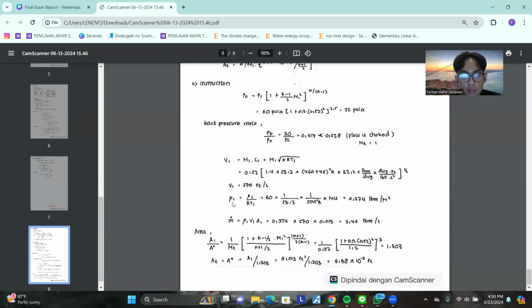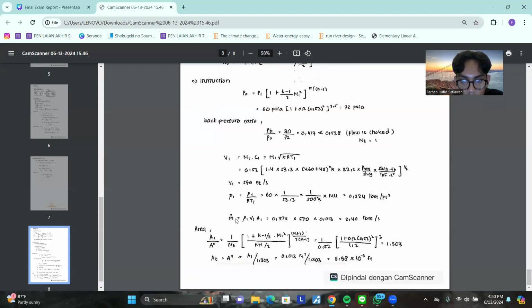Then we substitute into the mass flow rate equation. The mass flow rate equals 0.324 times 570 times 0.013, which is 2.40 lbm per second.